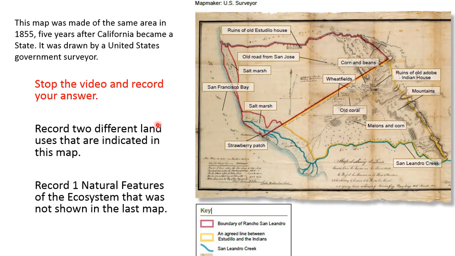So you're going to record at least 2 different land uses and record one natural feature.